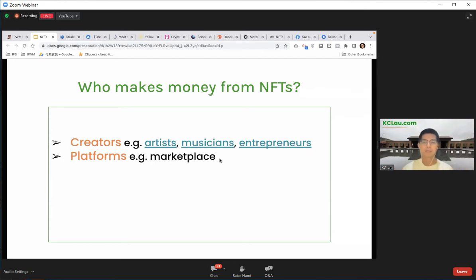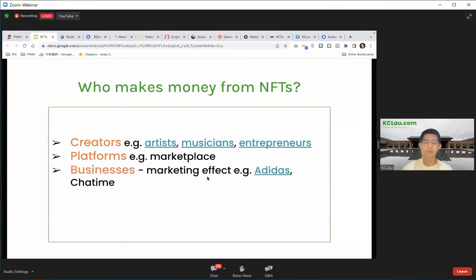The people who made money were the entrepreneurs who sold the shovels and the jeans, right? So in this case too, the entrepreneurs who make the platforms are the ones who make the money as well.